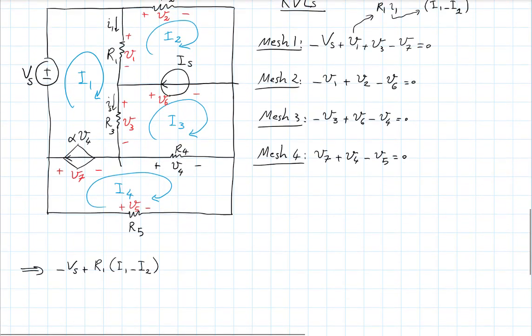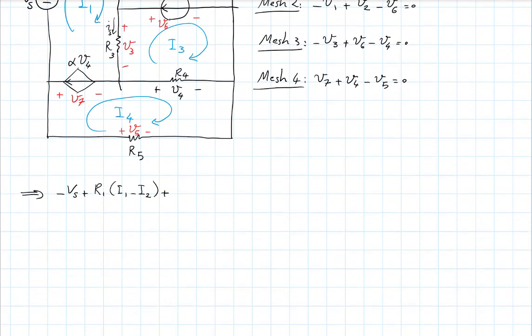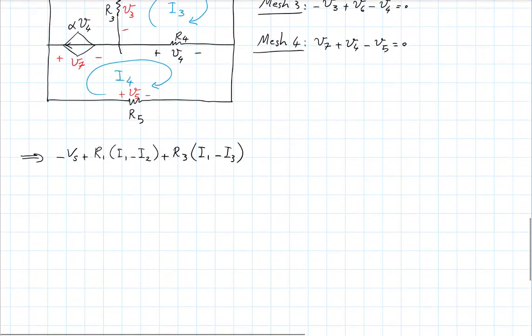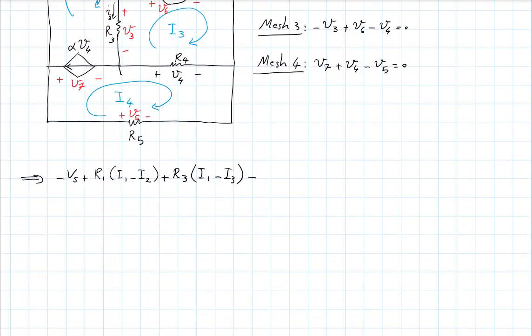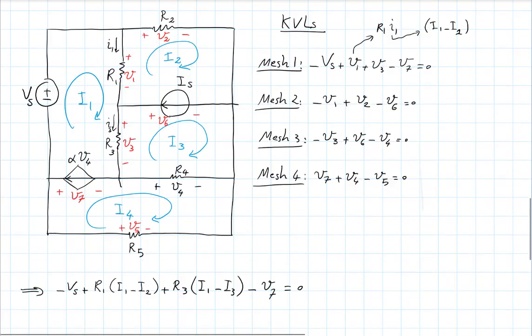So there you have V3, which is R3 times I1 minus I3. And finally, minus V7. Now, how do I relate the voltage V7 to any of these mesh currents, I1 or I4? And the answer is, I don't. So I have to stick with V7 for now. I have to keep it there. So that's my first equation.